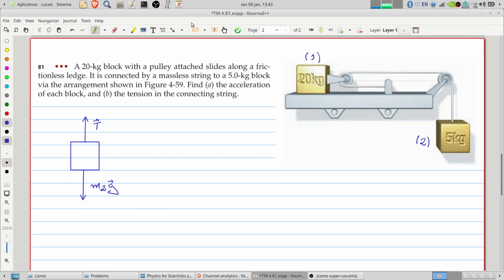Now let's do the same thing for the other block. Here we have the block. Let's copy it. Okay.